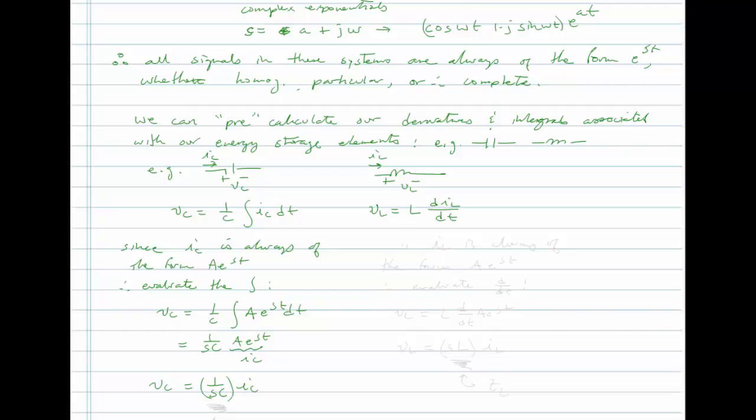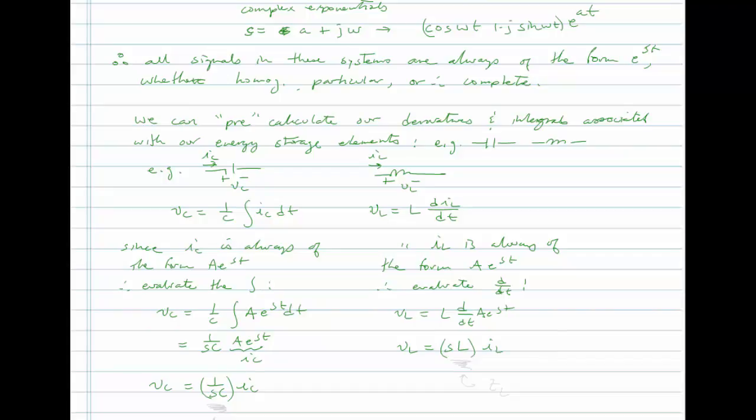And similarly, since IL is always of the form A e to the st, we evaluate the derivative, so VL equals L d/dt of A e to the st, and that simply is SL times IL.